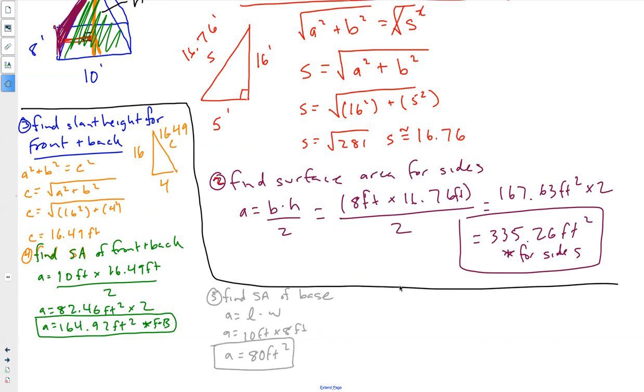Okay, so now that we have the base, the front and the back, and the sides, let's go ahead and add them up together for our final answer.